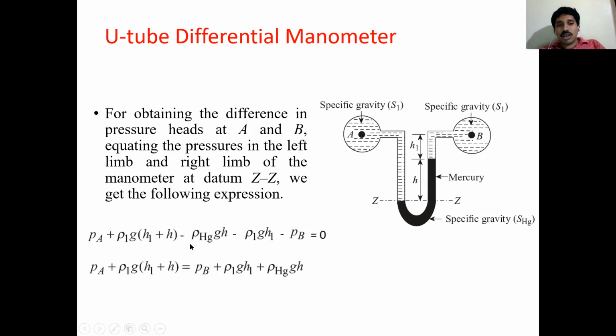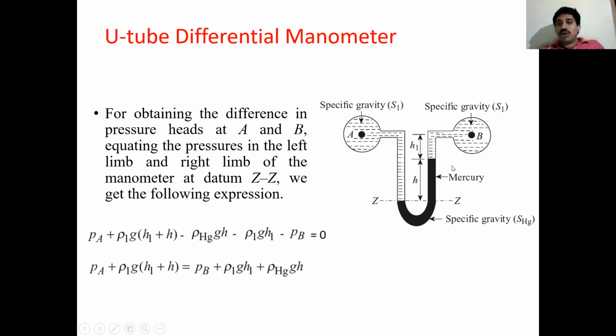So negative sign, minus rho Hg, means density of the particular liquid we have in the manometer. Now we are talking about mercury. Mercury means density of mercury, rho Hg. g is the gravitational constant. H means the head which is going towards the upward direction, the difference between mercury levels, head H. So rho Hg g H, minus again, which is going towards the upward direction.